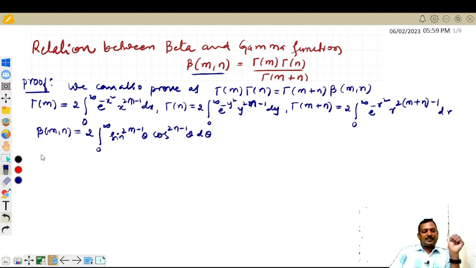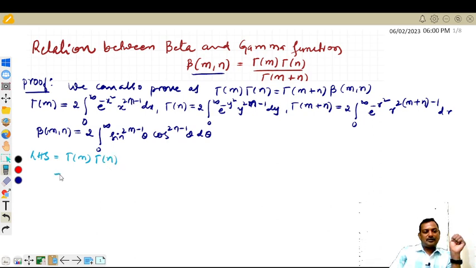So now let us take LHS, student. Observe carefully. It's a very easy one. LHS is equal to gamma of m into gamma of n.